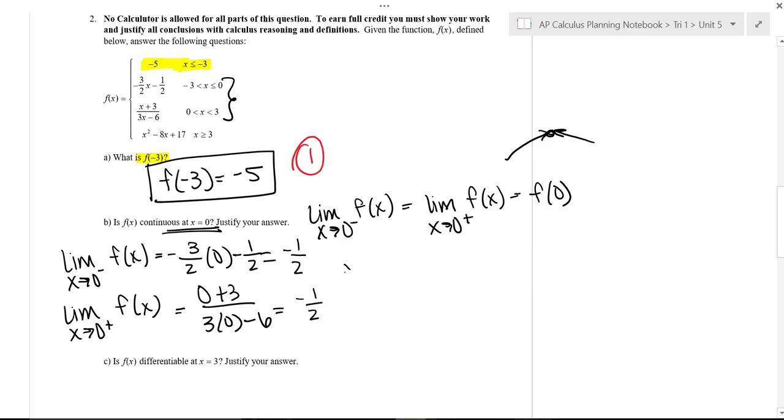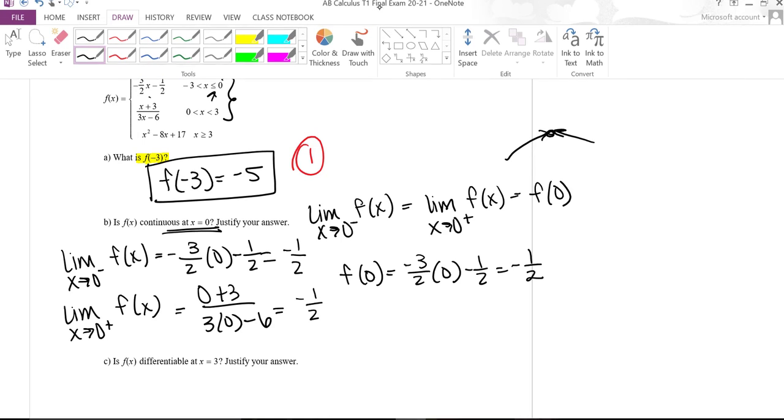And then I'm going to come here and say, what is f of 0? That's going to be included in this piece. So we see that it's included, which means it exists. So f of 0 equals negative 3 over 2 times 0 minus 1/2 equals negative 1/2. So in here, we're just going to make a conclusion.